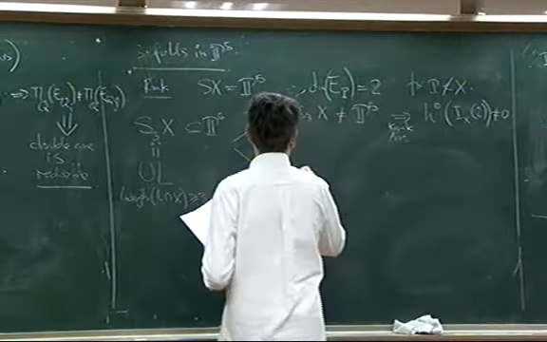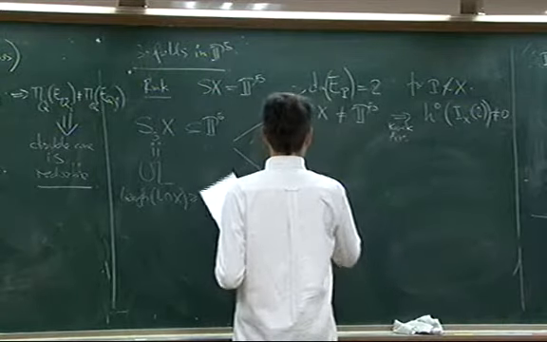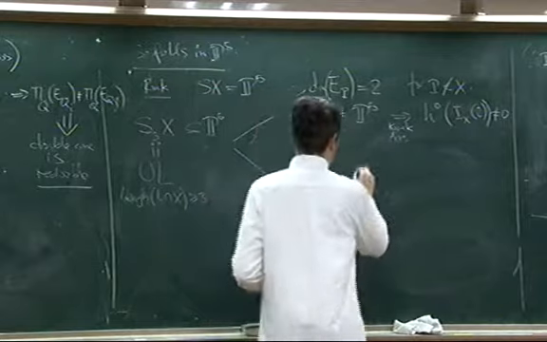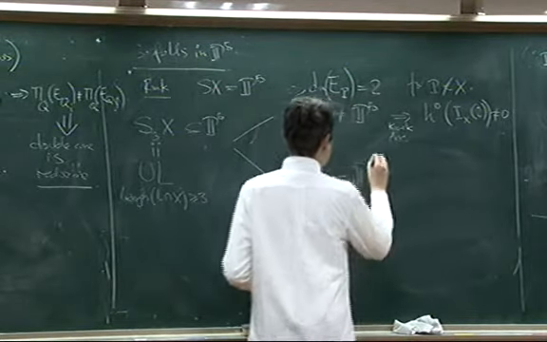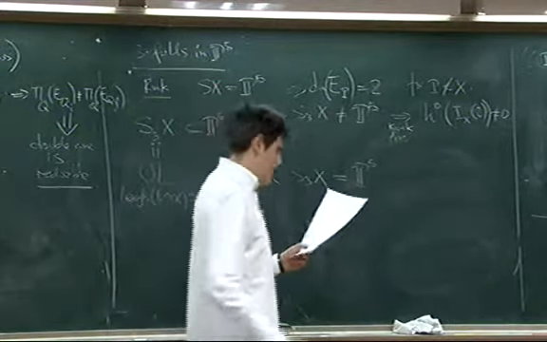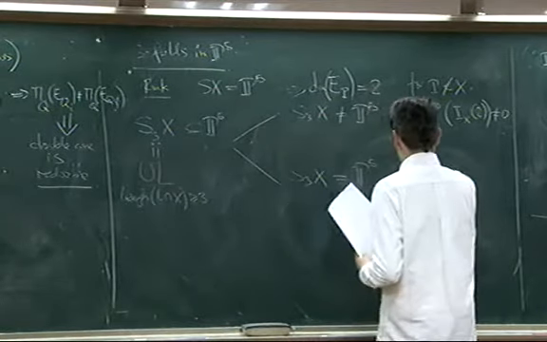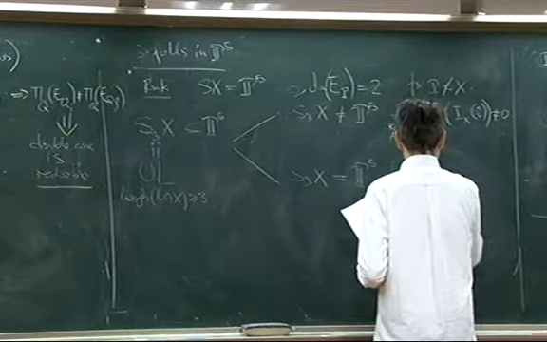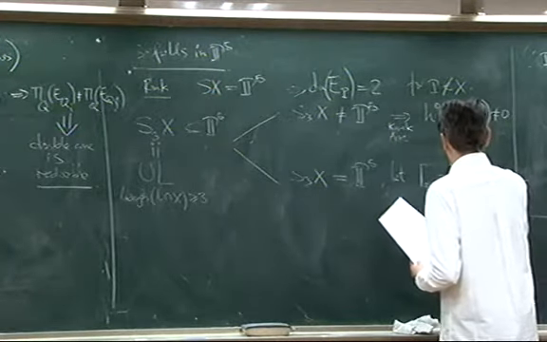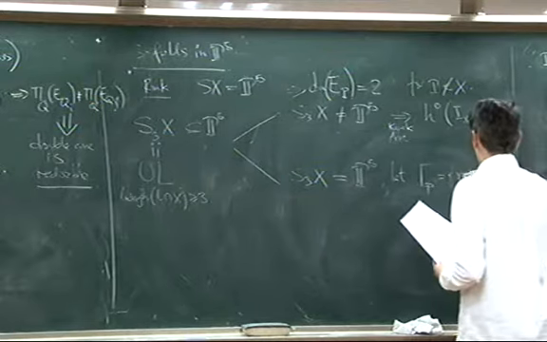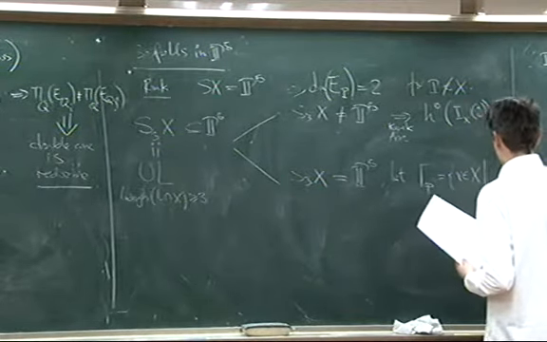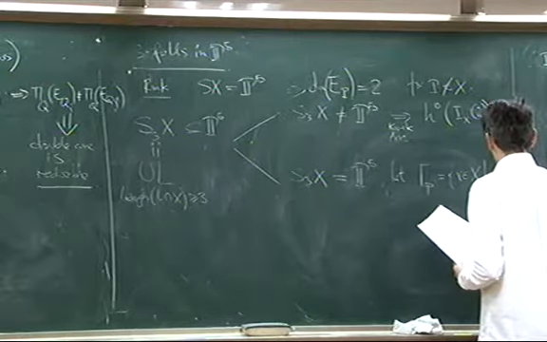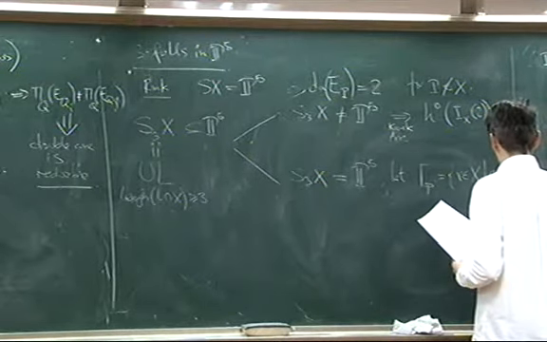On the other hand, if the trisecant variety is the whole P5, then let me denote by gamma P the set of points x in X such that the line Px is a trisecant line.